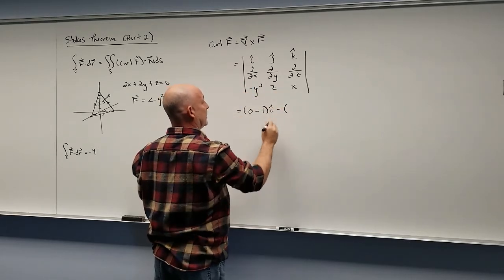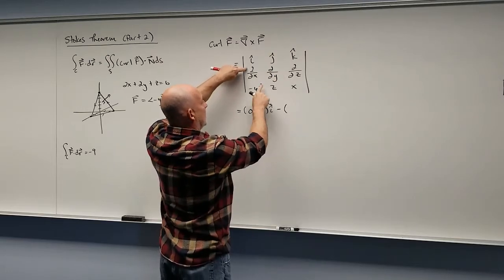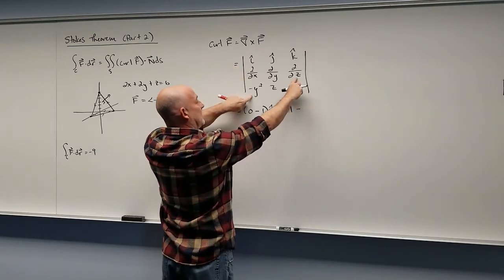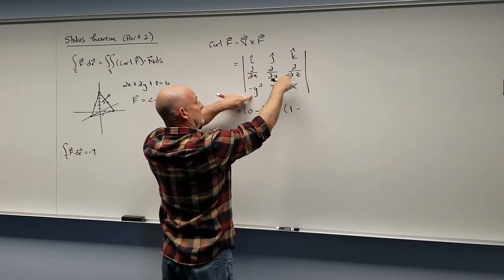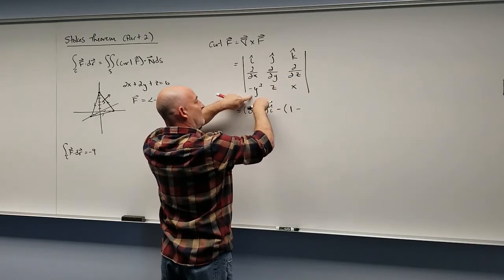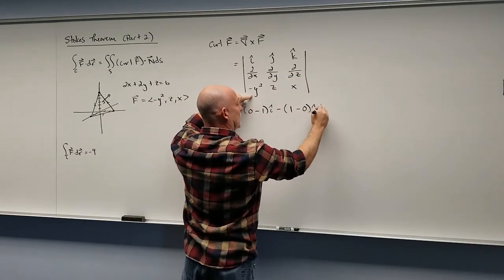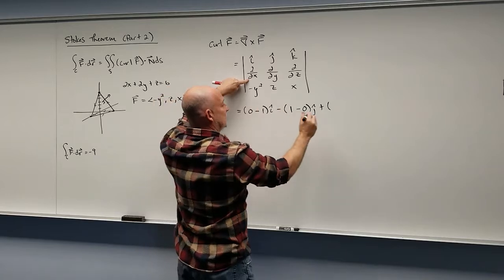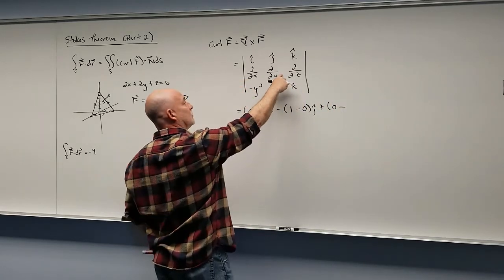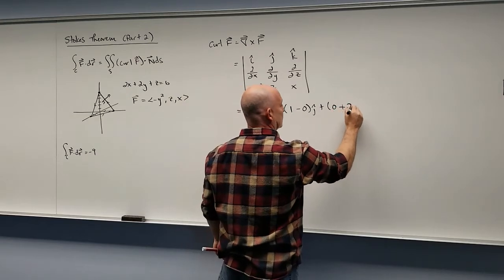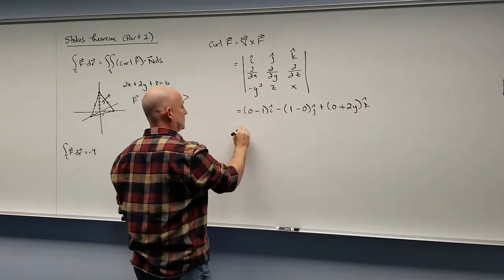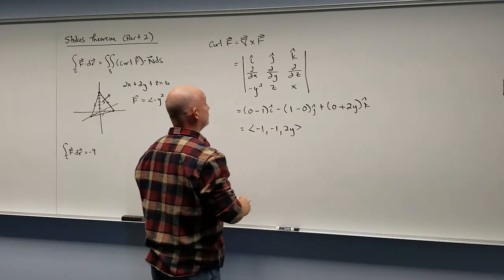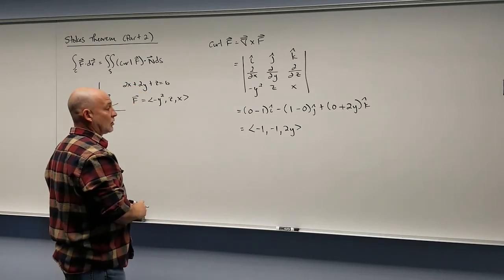So that is in the i direction. Minus, in the j direction, we get the partial of x with respect to x, which is 1, minus the partial of -y squared with respect to z, which is 0. In the k direction we get the partial with respect to x of z, which is 0, minus the partial with respect to y of -y squared, which is -2y. All right, so the curl of our field is -1, -1, 2y. So that is the curl.